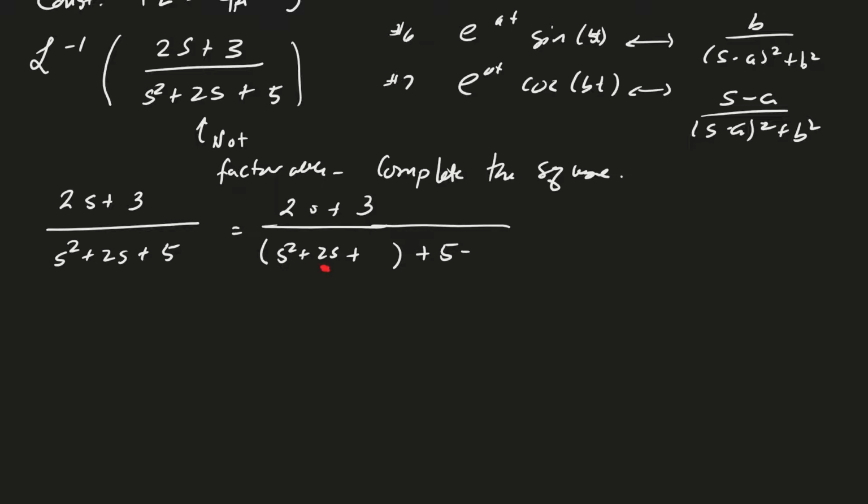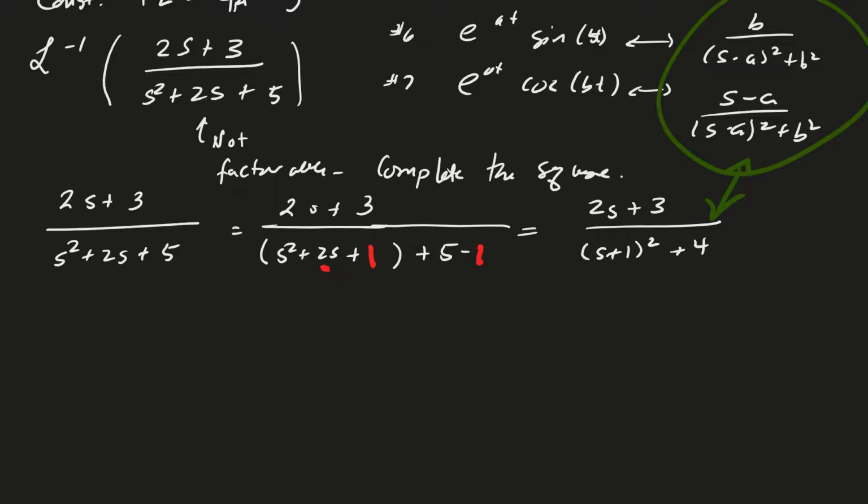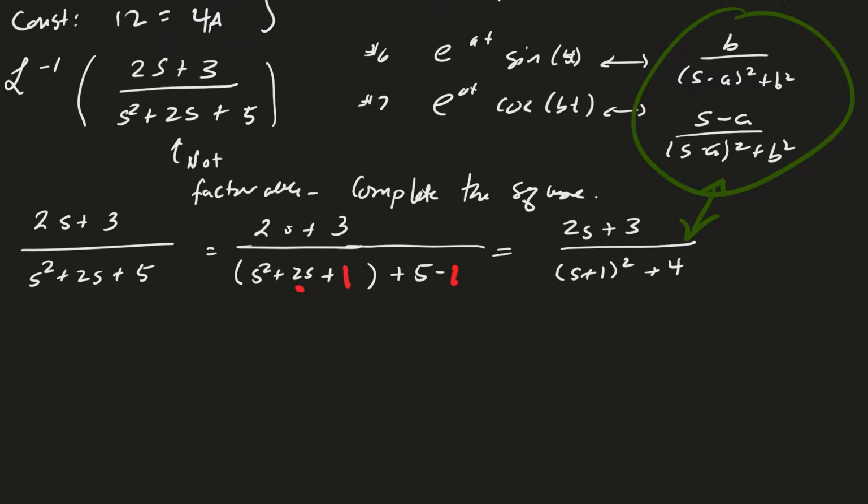Half the middle term squared, 1, and then if I add 1 there, I need to subtract 1 there. So that becomes 2s plus 3 divided by s plus 1 quantity squared plus 4. So now we see how this is going to work, I hope, if you look between these table entries there.